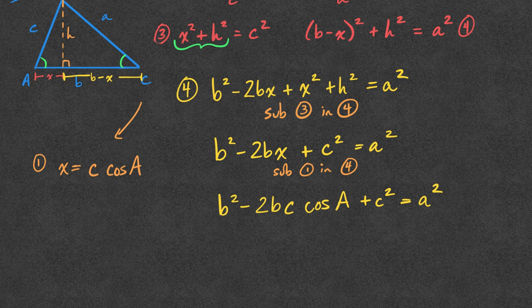Okay, here we go. I have my a squared on the one side of the equal sign. Nice. Now what I'm going to do is write my two squared terms together. My b squared plus my c squared. Nice. Now I'm going to finish off with my big ugly term, my minus 2bc cos A.